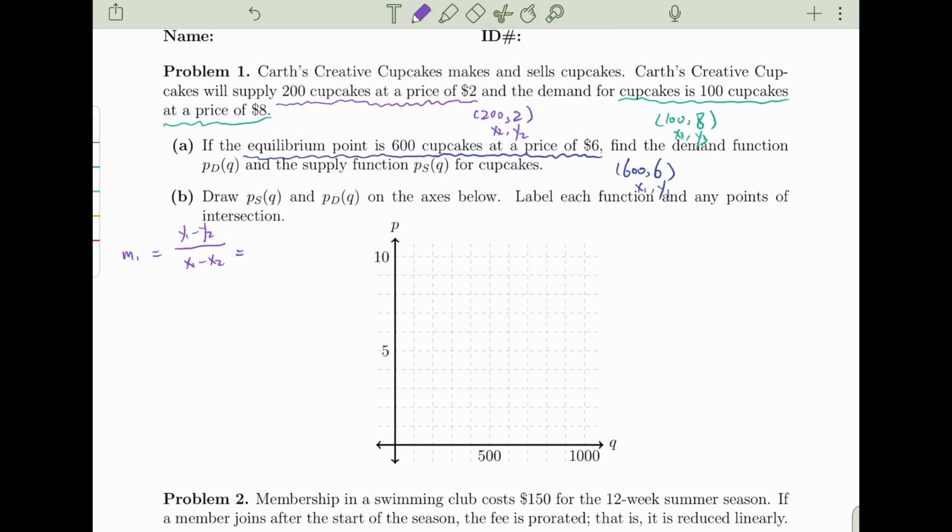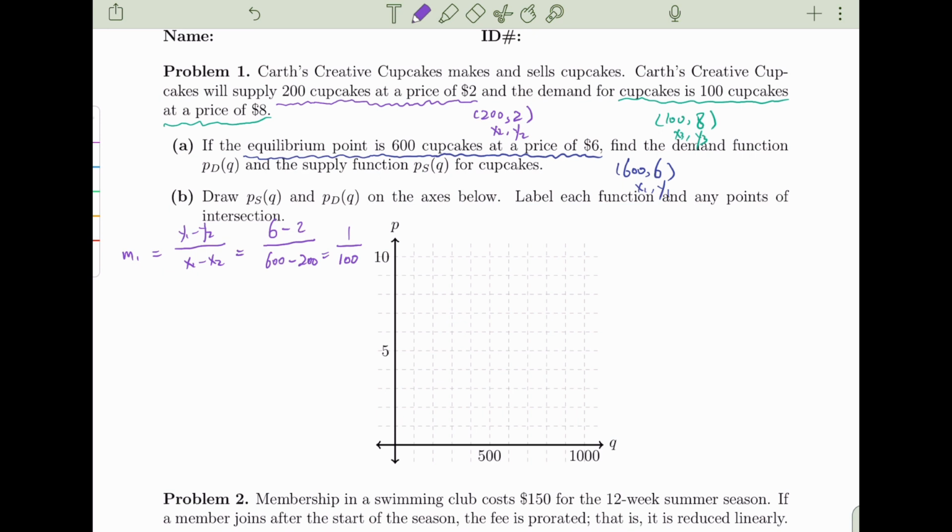So now let's just plug in this y1 minus y2. That is 6 minus 2 over this 600 minus 200, which is 1 over 100, right? And now I can write out the equation of this line.